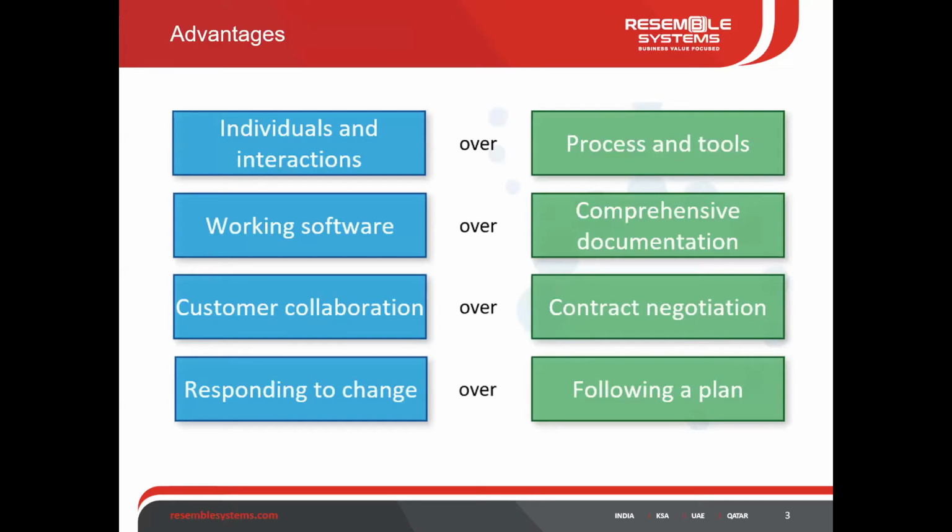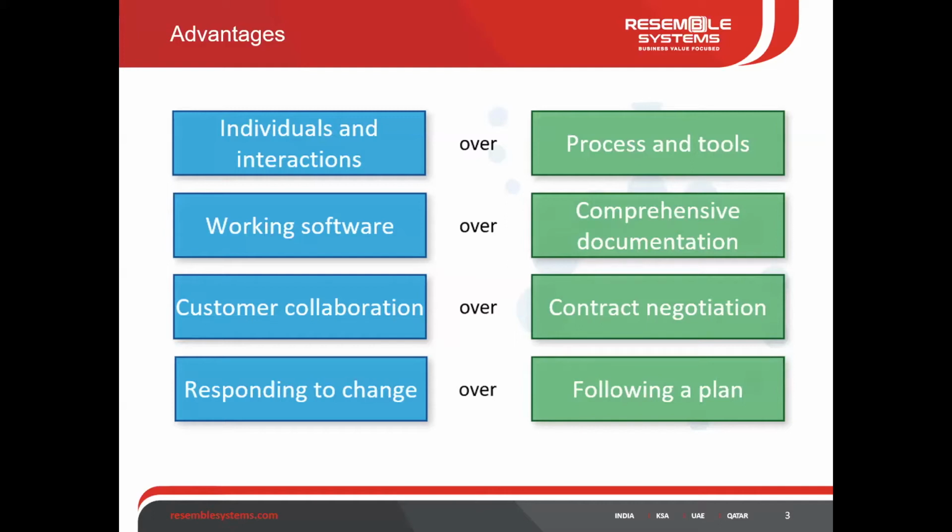So now let us speak about the advantages of the Scrum compared to our traditional method or the traditional process. So if you look into the first part, many companies, they focus on process and tools in terms of execution methodology, and the Scrum approach mainly focus on individuals and their interactions. So the individuals, it can be the team members, the developers, it can be the business owners from the key stakeholders.